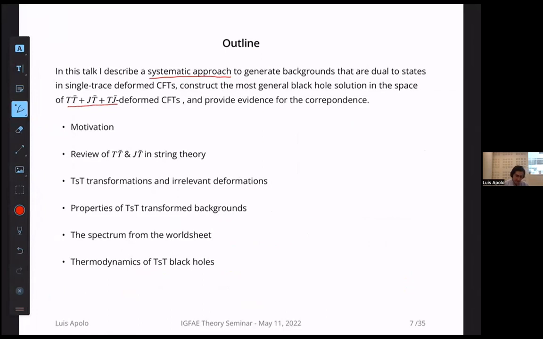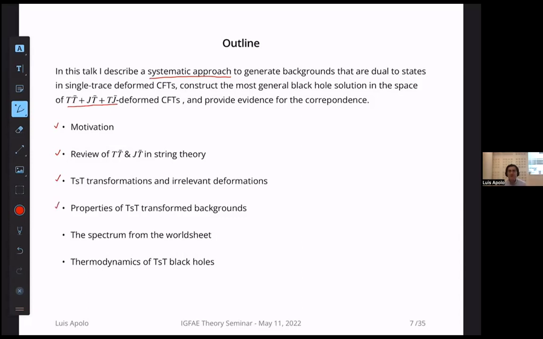So the outline of the talk will be as follows. I've already given you some motivation to study these deformations. Next, I will review how TTbar and JTbar first emerged in string theory. And I will use this review to motivate the connection between TsT transformations and irrelevant deformations. Then I will construct some TsT-transformed backgrounds and tell you some properties of these backgrounds.